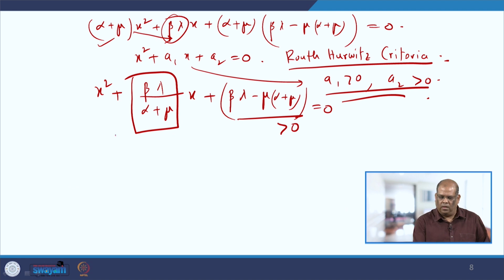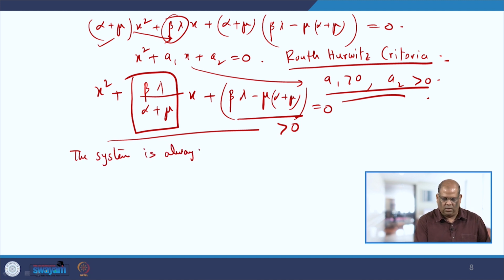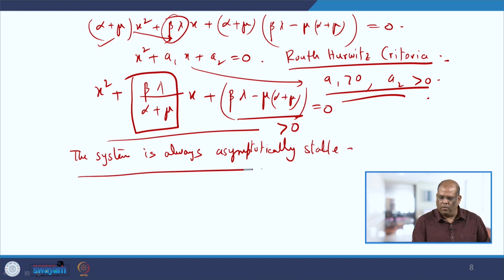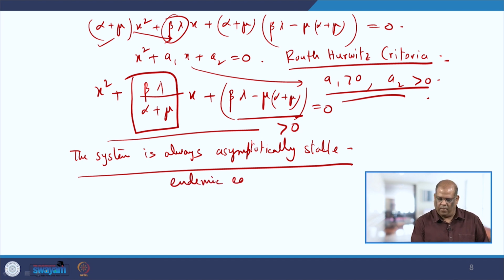So, this equation satisfies the Routh-Hurwitz criteria, and the system is always asymptotically stable about the equilibrium point, which we call the endemic equilibrium point.